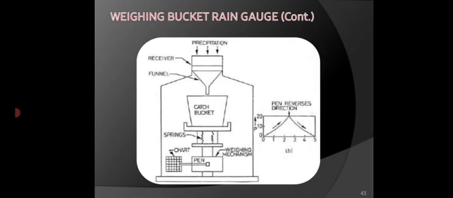So whatever amount of precipitation is received by the receiver goes through the funnel into the bucket, and by increasing the weight of the bucket, the spring moves in a downward direction, and that spring and all the arrangement is attached to the pan, right? So that movement of the spring plots a chart, and with the help of this arrangement a mass curve is plotted and we get the intensity of rainfall.